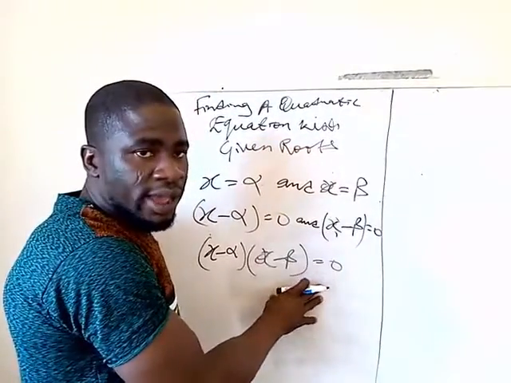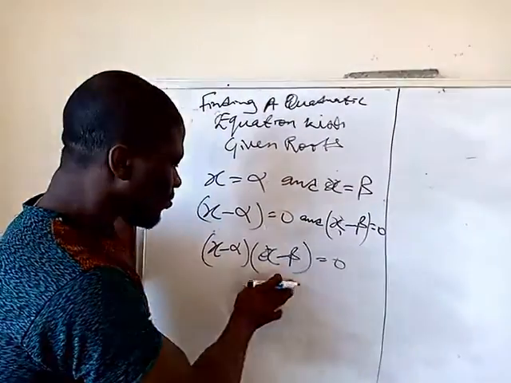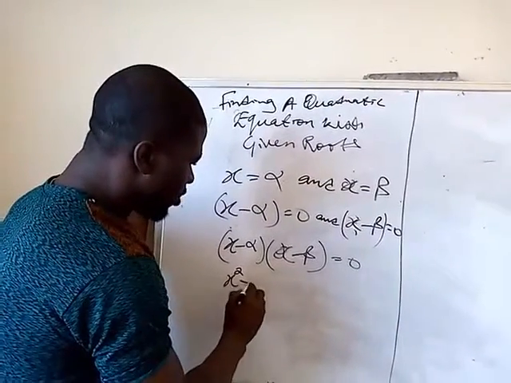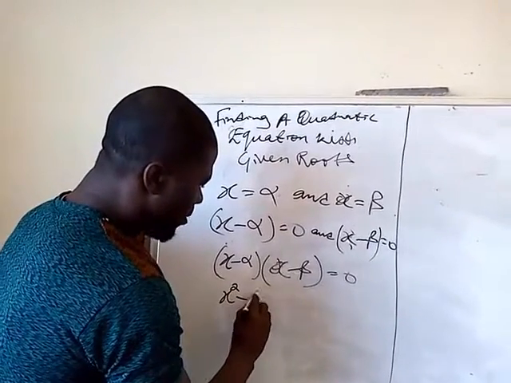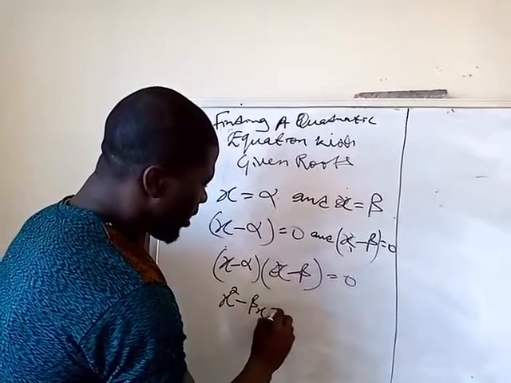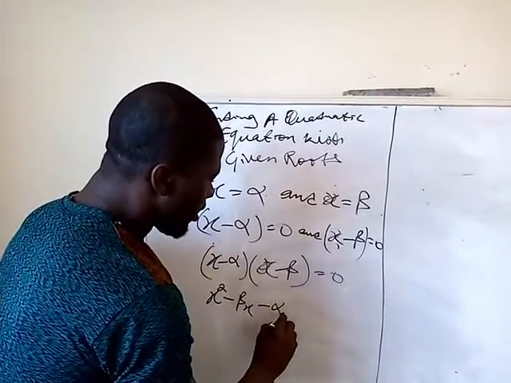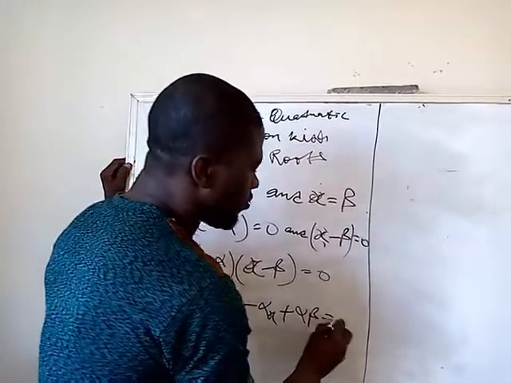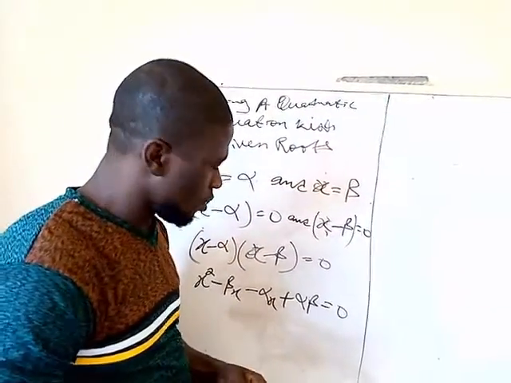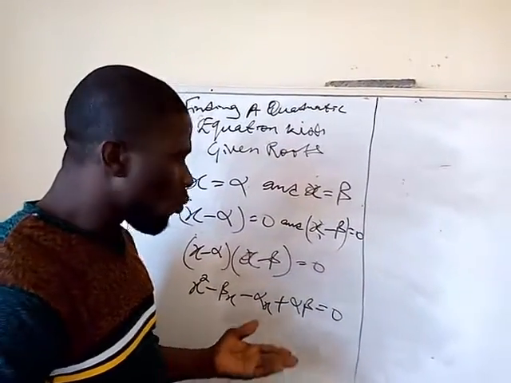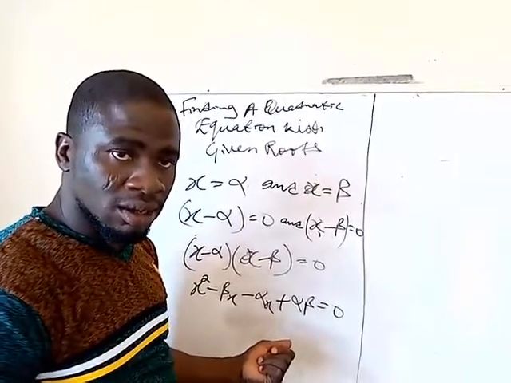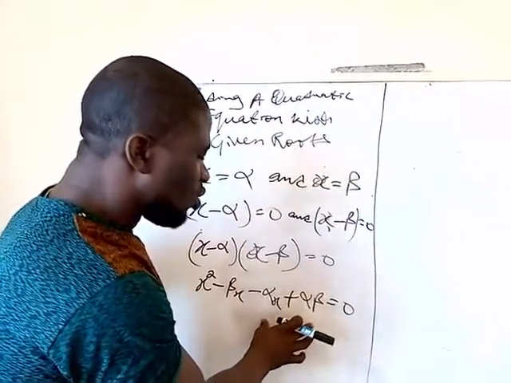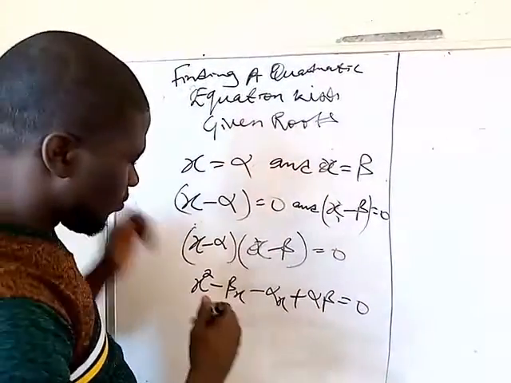The only thing remaining for you here is to expand this. When you expand, you have x squared minus beta x minus alpha x plus alpha beta equal to 0. Now we have expanded this, and the only thing remaining is to collect like terms.